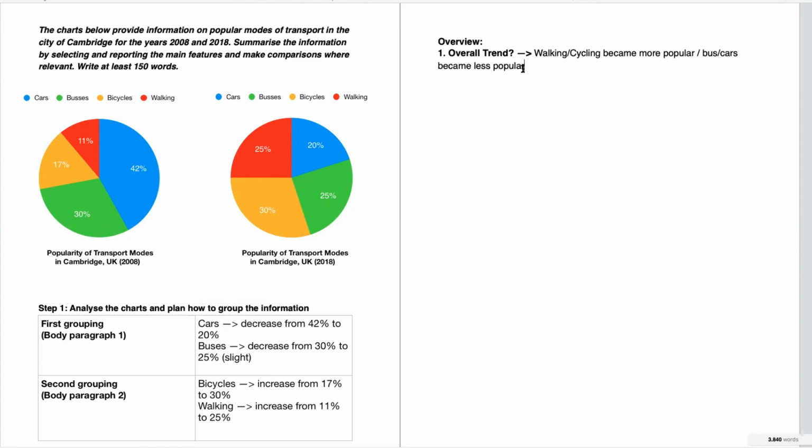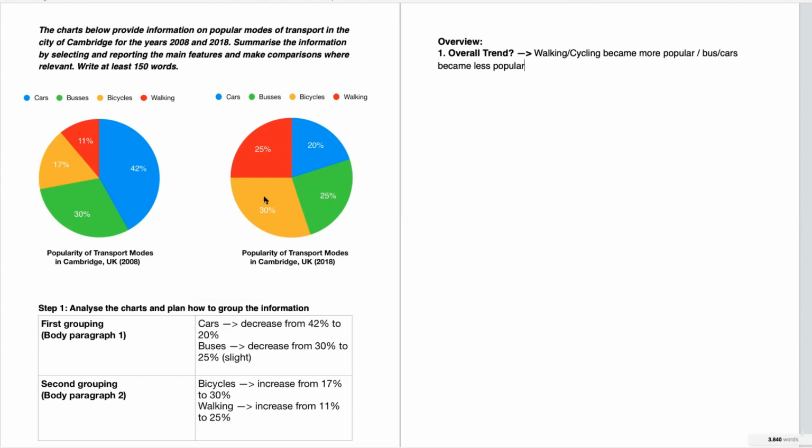I do want to call your attention to the fact that this is all you should be writing for the overview paragraph. A lot of students here would make assumptions, and they would say something like, this trend is explained by the increased focus on environmental initiatives, and people don't want to use methods that cause pollution. This could perhaps be true if you were to look at this and understand more data, but we do not want to speculate.